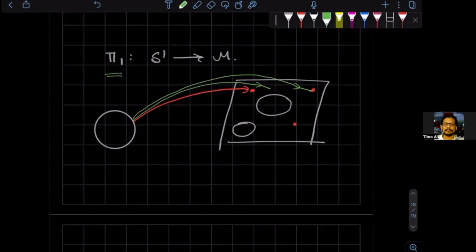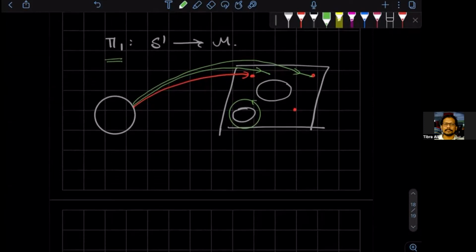But there's another map which takes the circle to a circle around this hole, and it goes in that way. There is no continuous deformation of that map to this map, right? However, this map is continuously deformable to this map.